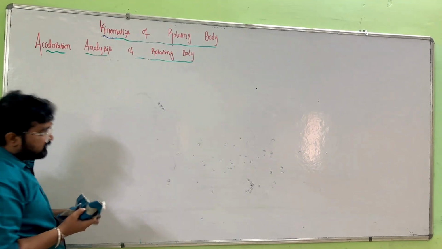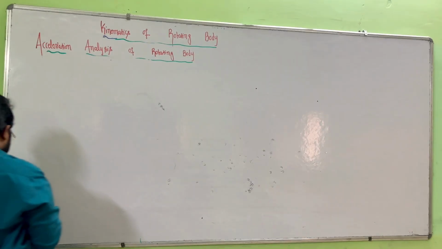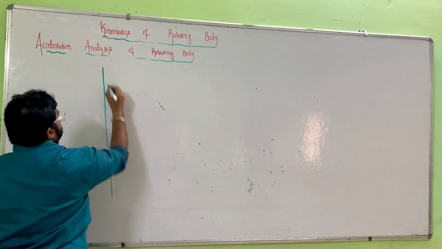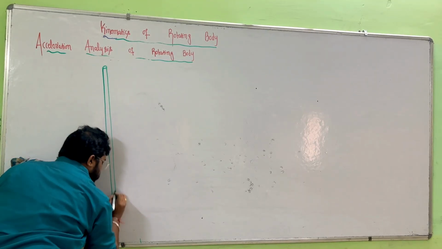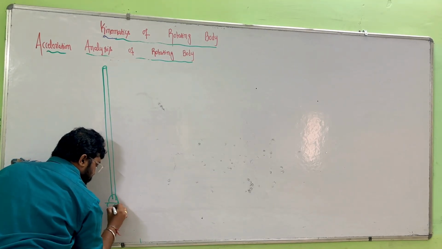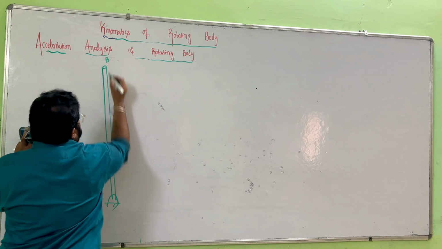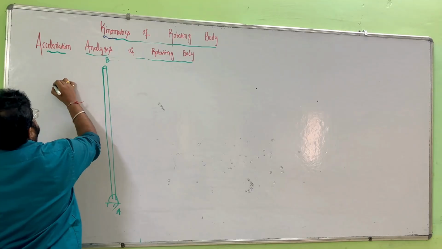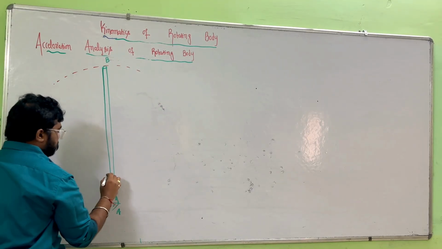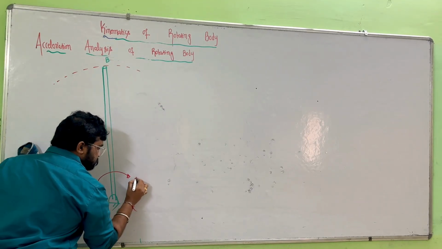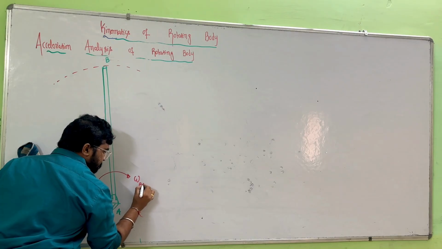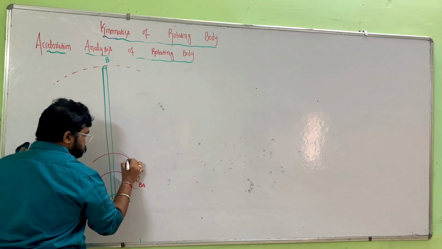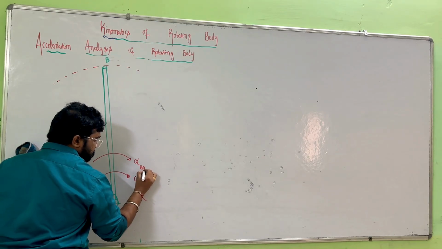See here, vector approach. So in order to check it, we can draw like this. This is the point B. This is the point A. This is omega BA, and this is alpha BA.